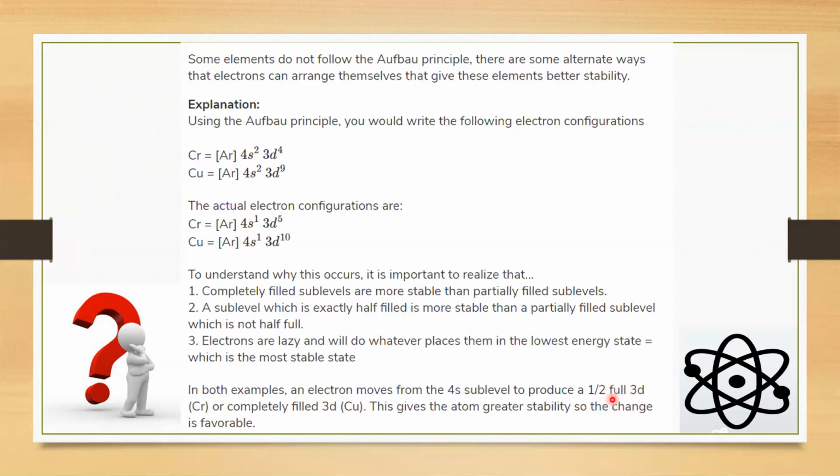Make sure here it is half filled 3d in chromium or completely filled 3d in copper. I hope the concept of half filled and completely filled, and how it is related to stability, has been clear to all of you.